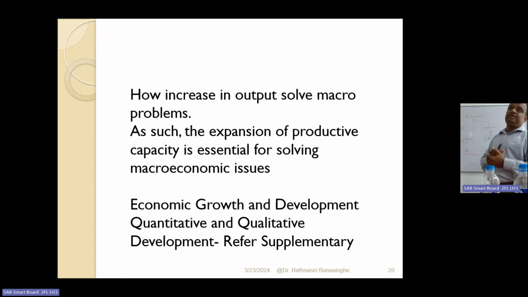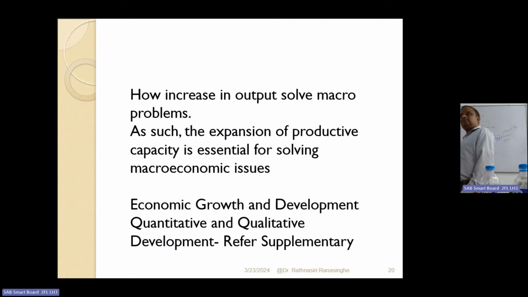That is the opportunity cost of economic growth. Reduce the consumption and invest more. Reducing consumption means saving and investment.